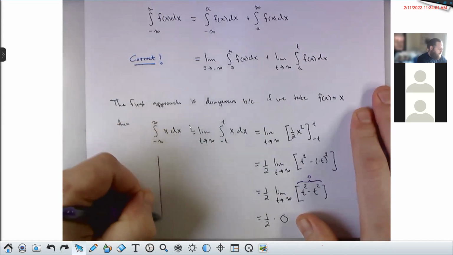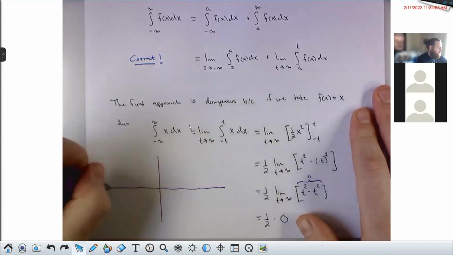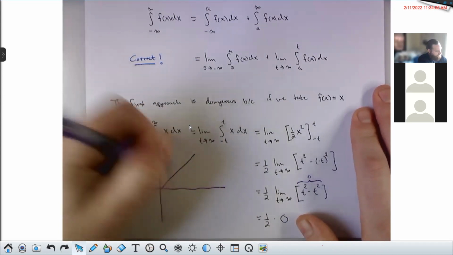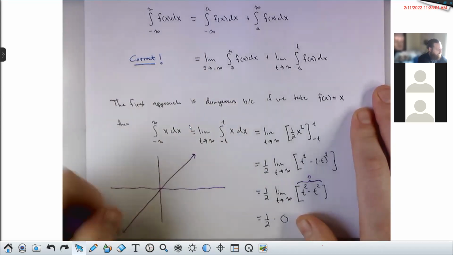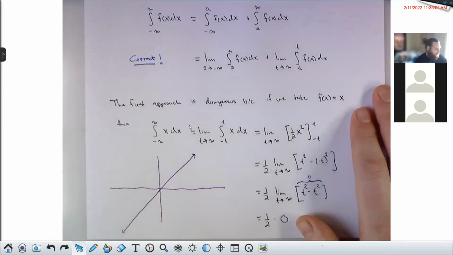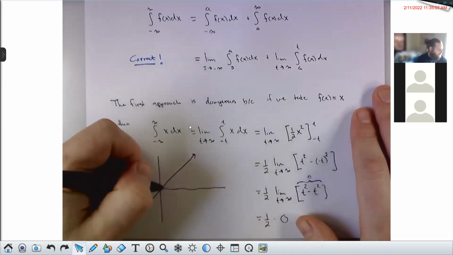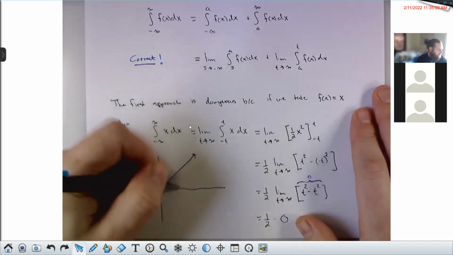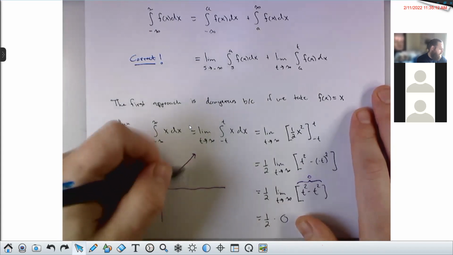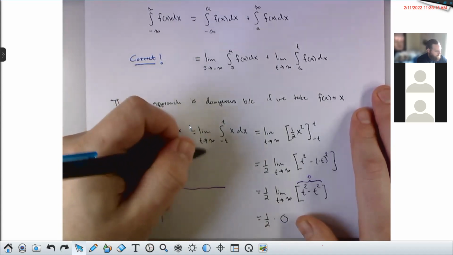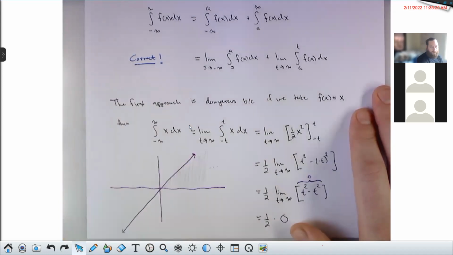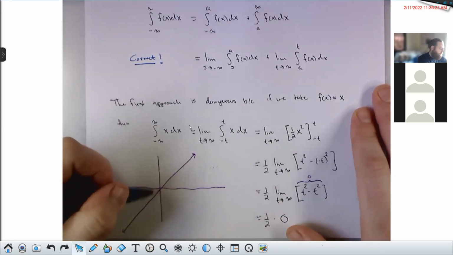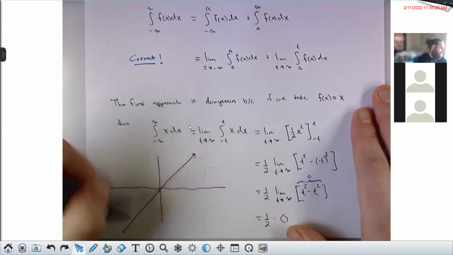Well, f of x equals x, that's y equals x. That's a line with slope 1, y-intercept 0. So the area being measured by this integral is all this stuff going on forever and ever and ever in that way, and all of this stuff going on forever and ever and ever in this way.